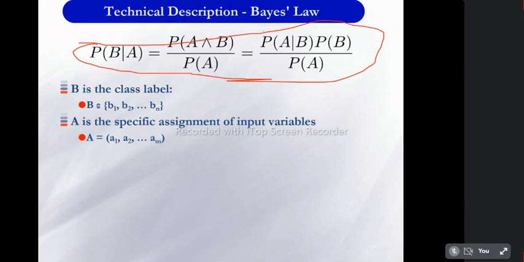Using the Bayesian law, you can use some classification algorithm. Like for example, probability of B given A is equal to probability of A intersection B over probability of A. Here it is the formula. We use this whenever the variables are independent, when one does not affect the others.